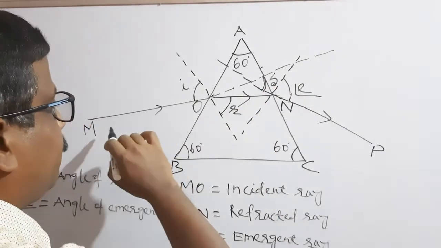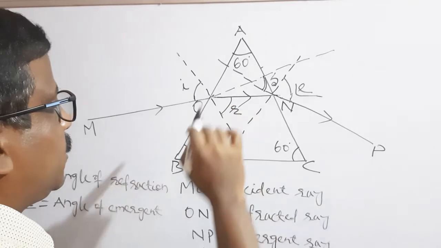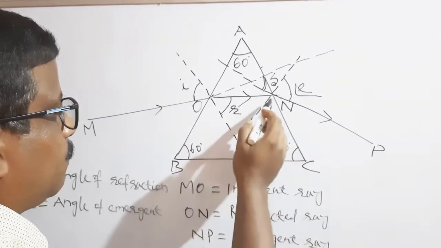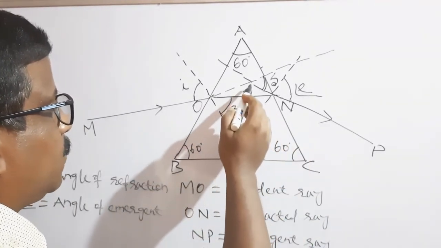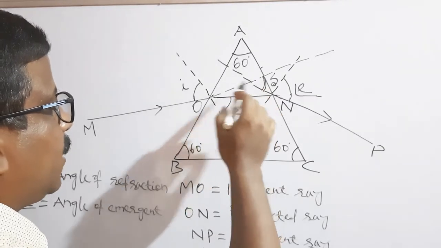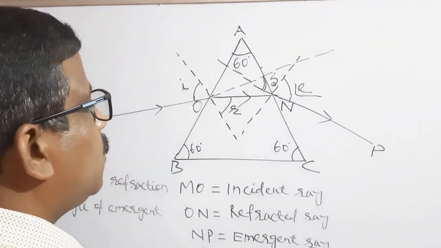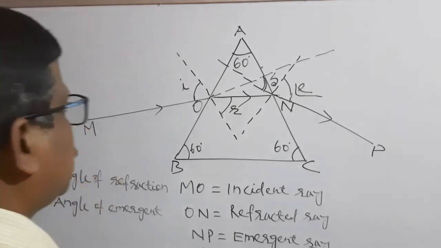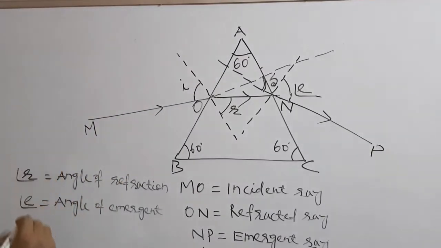Remember, the incident ray produced forward and the emergent ray produced backward, where both rays intersect, the angle formed there is called the angle of deviation. So angle D is called angle delta. It is represented symbolically as delta, the angle of deviation.